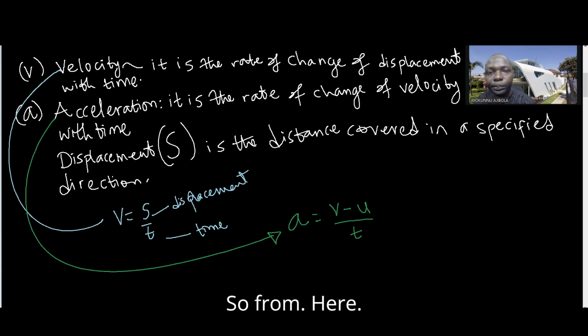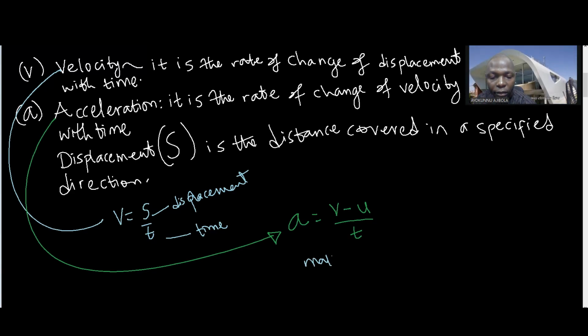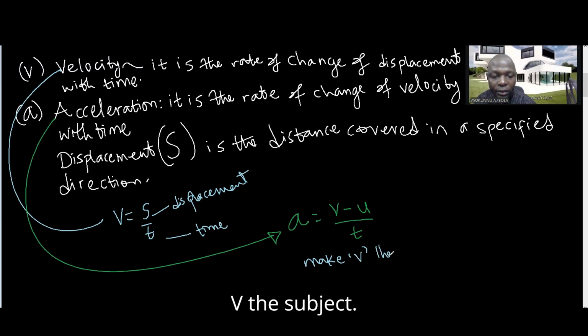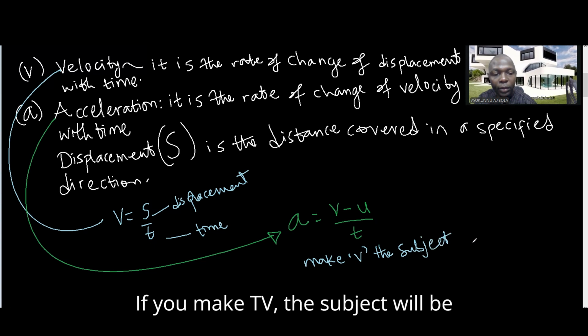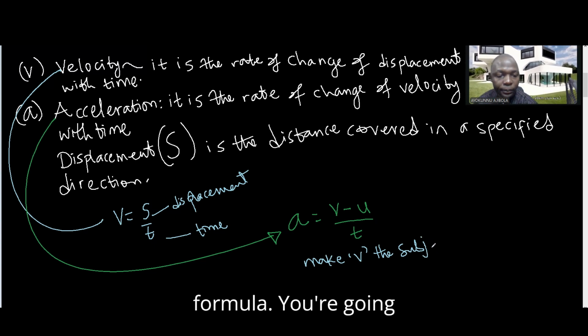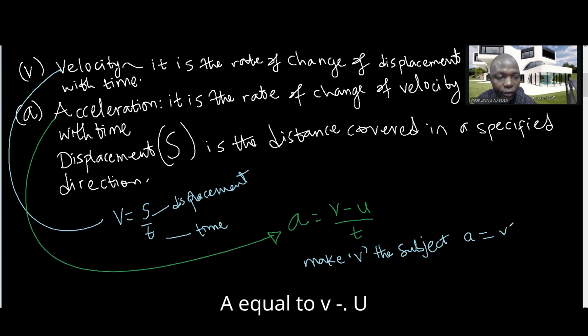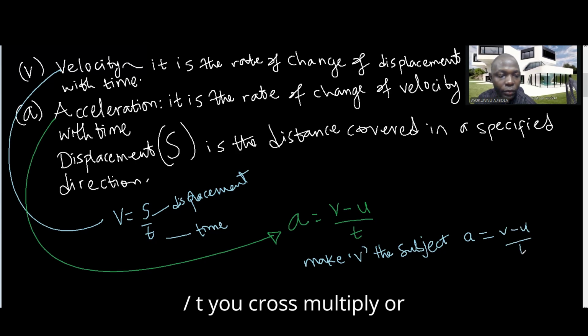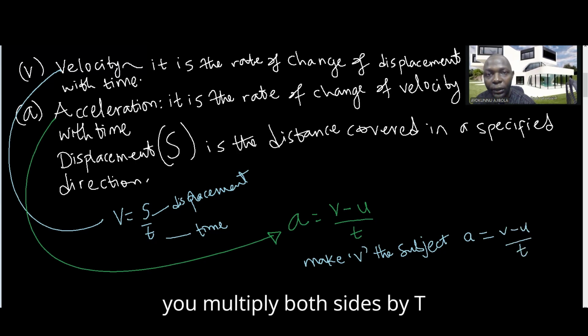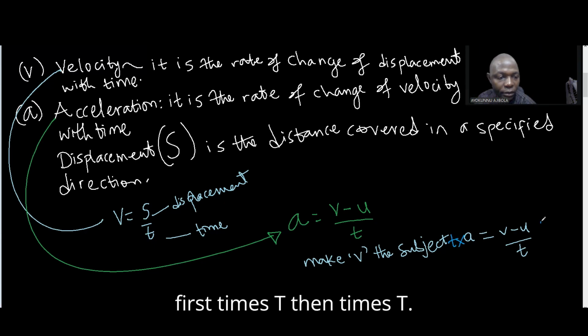So from here, if you make V the subject of the formula, from a equals v minus u over t, you cross multiply, or you multiply both sides by t.